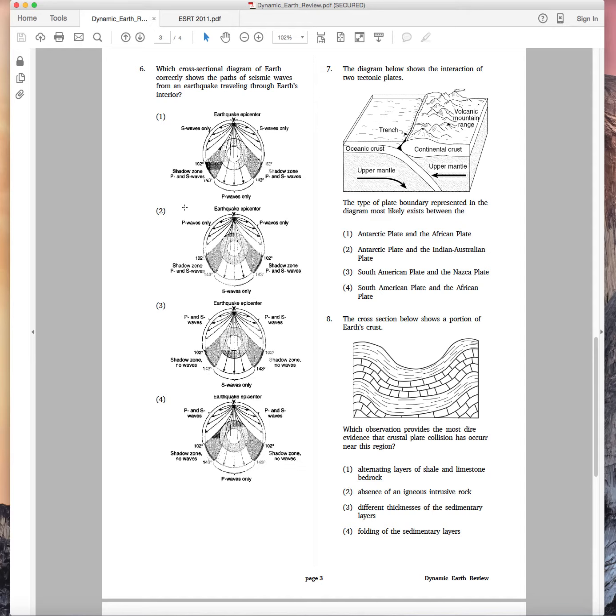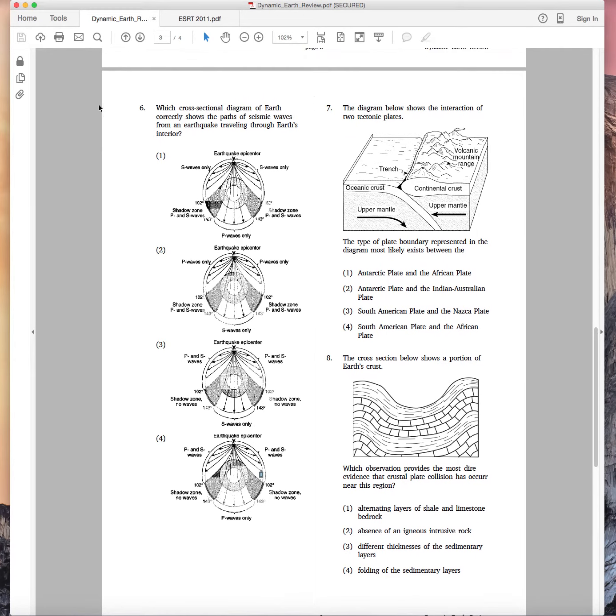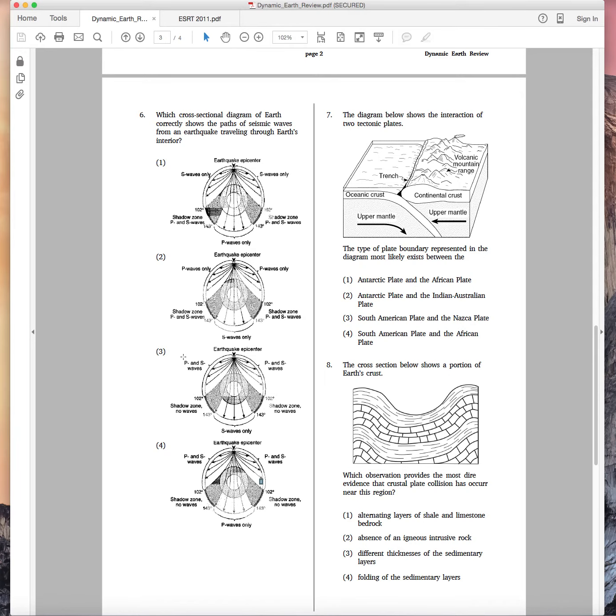So S waves can travel through that, unlike the liquid phase, which is the outer core. Choice 3 shows P and S waves for the mantle. Choice 4 shows P and S waves for the mantle, which is good. So we can eliminate choices 1 and 2, left with 3 and 4.